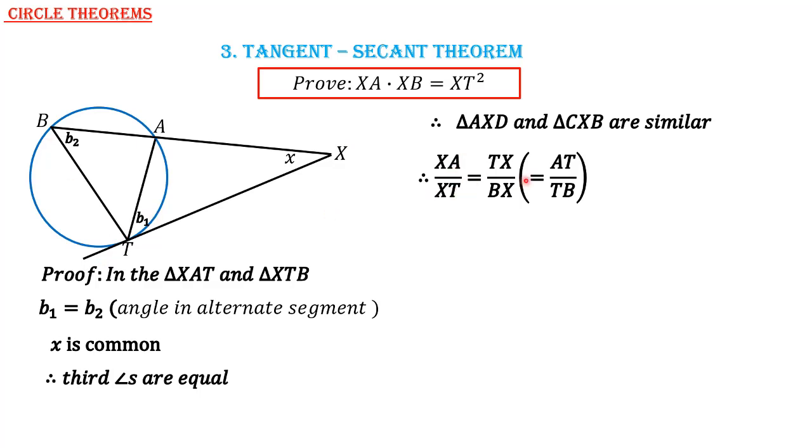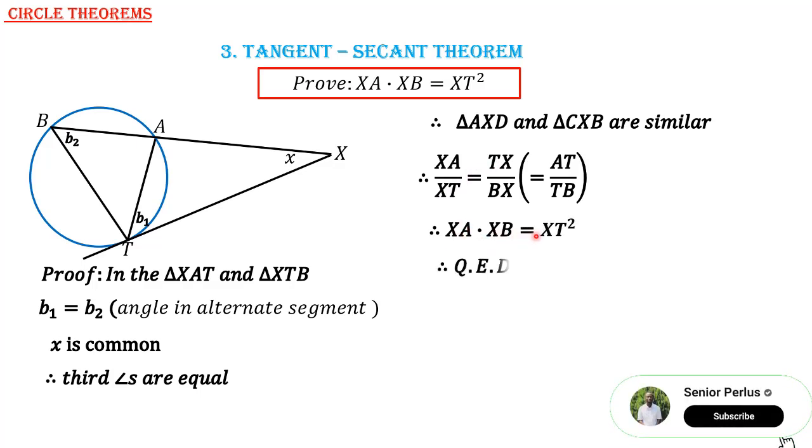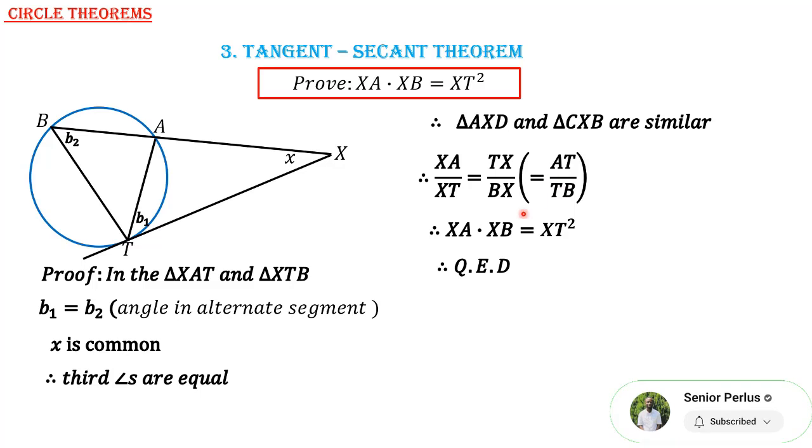So we are going to use these two. So we do cross multiplication. So if we multiply SA by BS, then ST times TS, they are the same. So that one we get squared there. That's why we are saying that SA times SB equals ST squared. So these two have been proved.